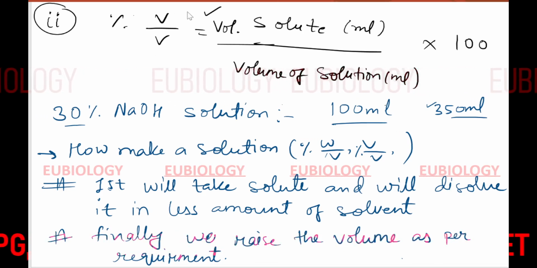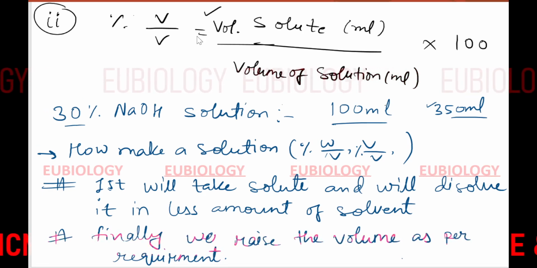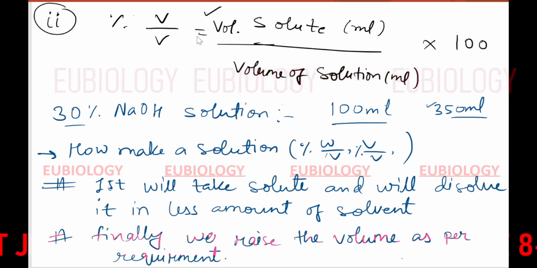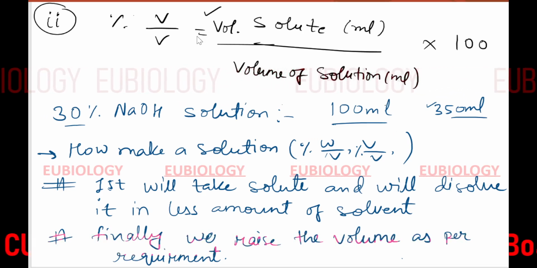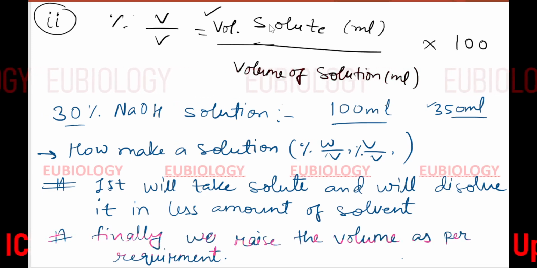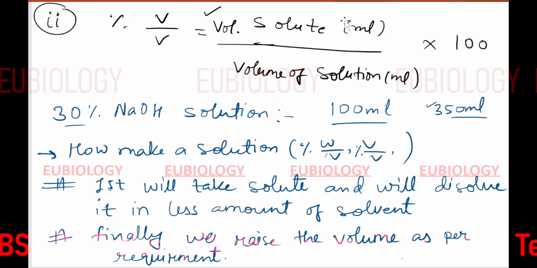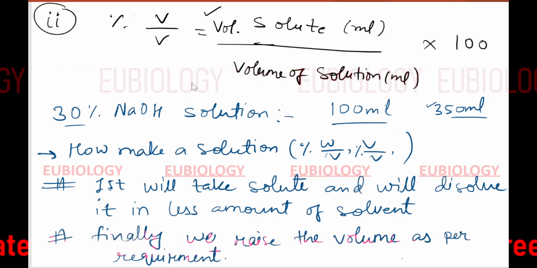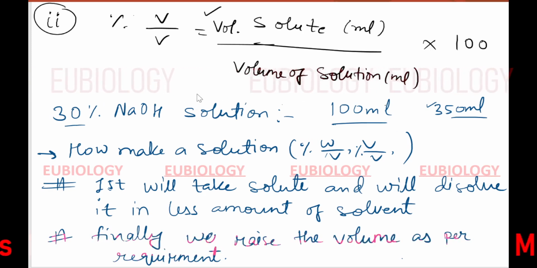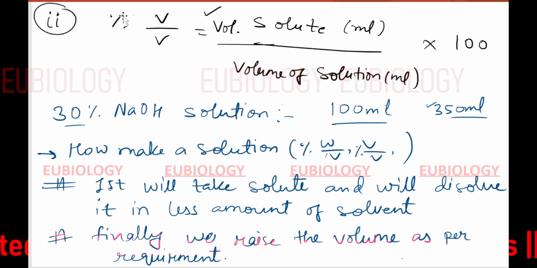Another case is if the chemical is not in powder form but in liquid form. Then you have to measure a volume. So the volume of solute in ml divided by the volume of solution, into 100, will give you the percentage volume by volume.